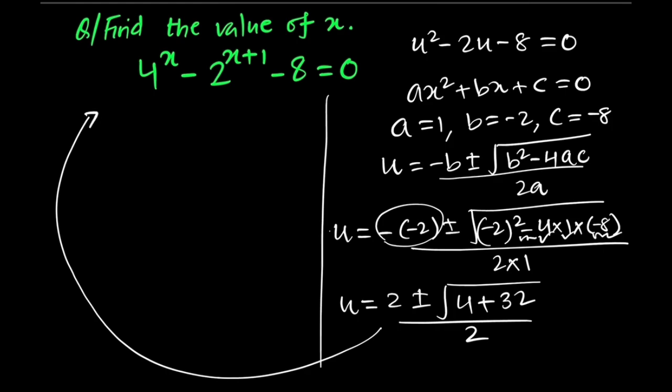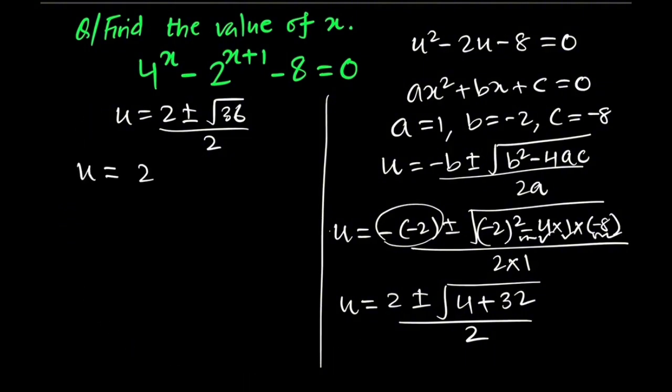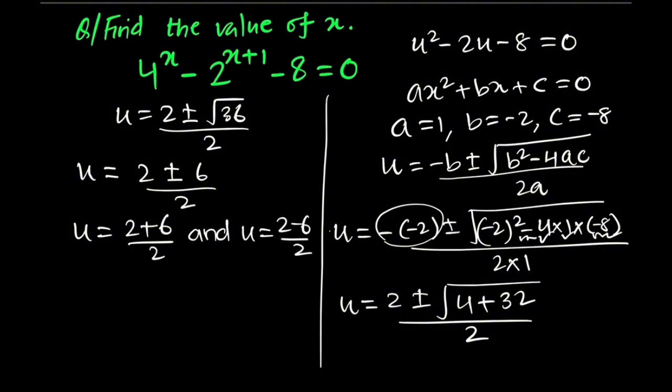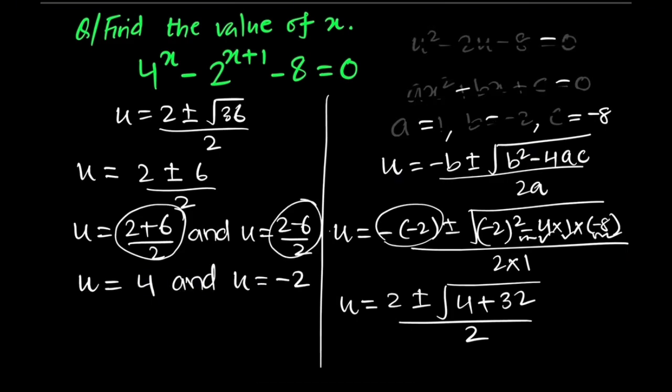Let me write this on top. u equals 2 plus minus square root of 4 plus 32, which means 36, divided by 2, which gives us u equals 2 plus minus square root of 36, which is 6, divided by 2. And this gives us u equals 2 plus 6 divided by 2 and u equals 2 minus 6 divided by 2. u equals 8 divided by 2, which means 4, and u equals negative 2. Now let me clean this part.